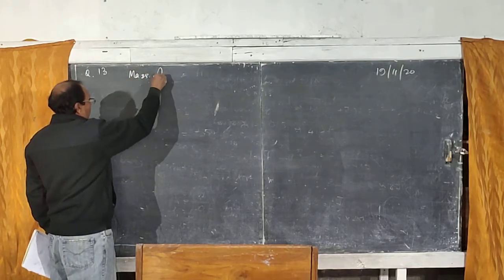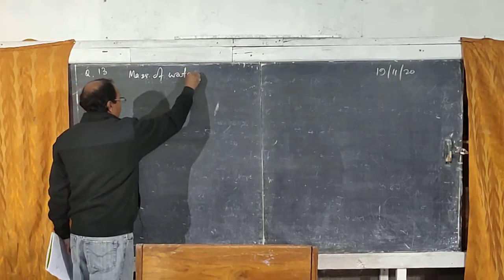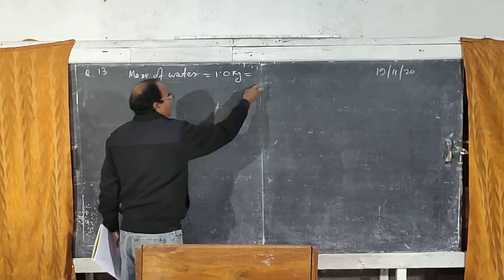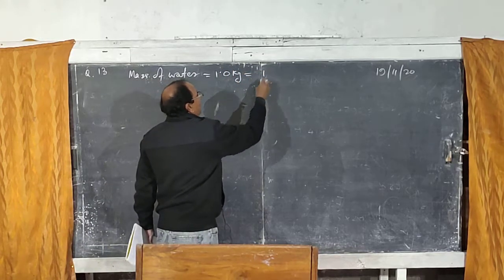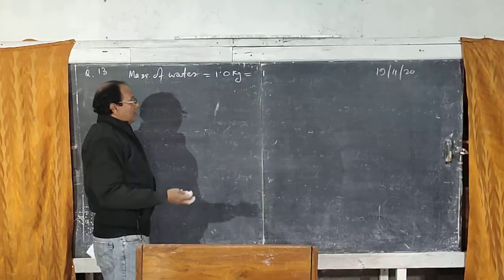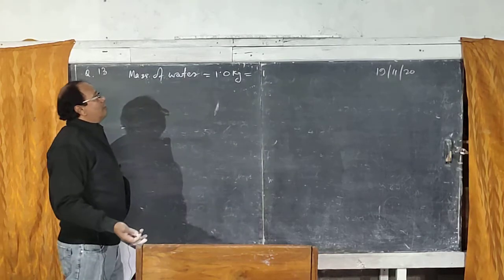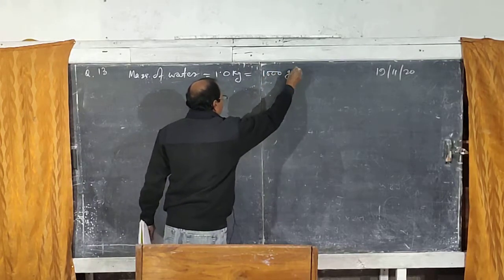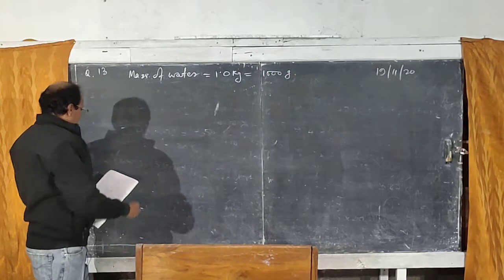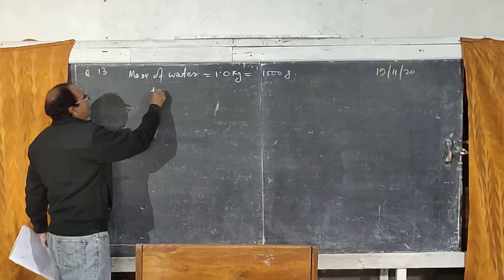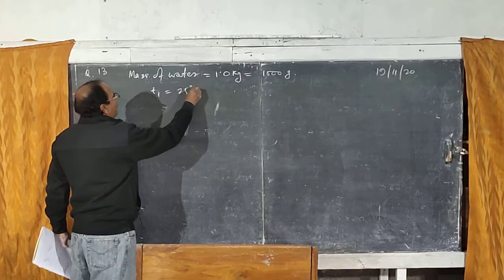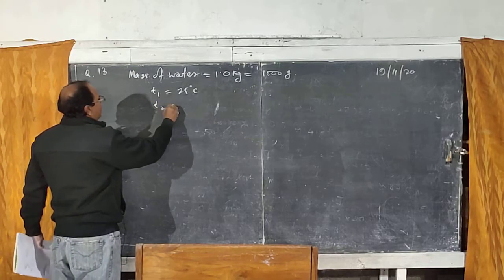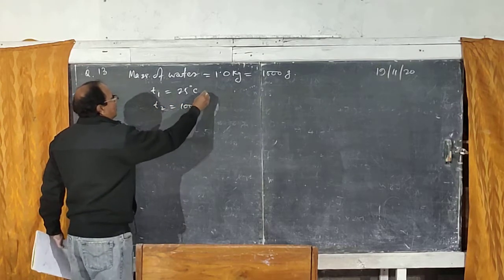Mass of water 1.0 kg. So we have to convert this into gram because power is given in kilowatt, we have to go for wattage. 1000 gram. Initial temperature T1 equals 25 degree Celsius and final temperature T2 is equal to 100 degree Celsius.